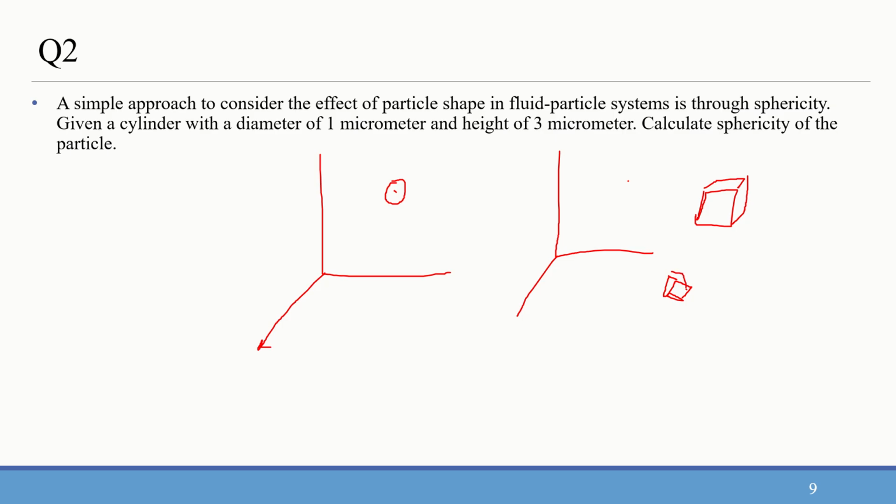It won't always be sitting straight whenever we are talking about non-spherical particles. Take a cylinder, it will be easier to imagine. In the same position, it can be sitting like this, or it can even be sitting in a vertical position. So there are all different ways in which those particles can orient themselves. These complexities arise basically because of the particle shape.